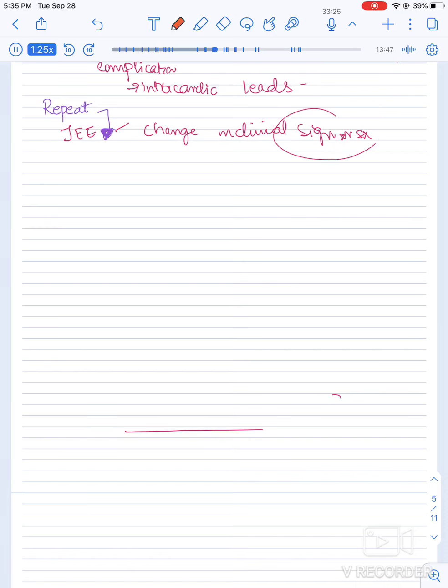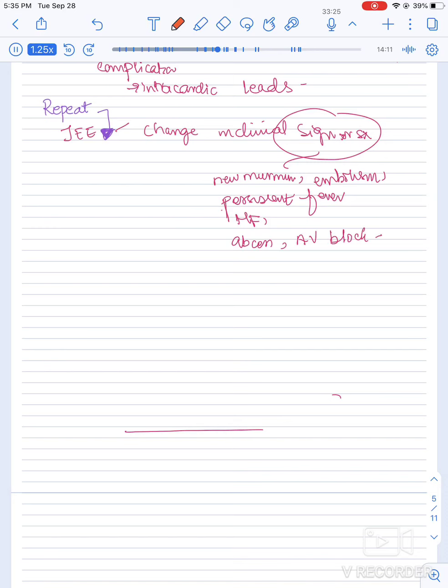For example, these clinical sign changes could be new murmur, embolism, persistent fever, heart failure, abscess, AV block, and also we can consider in patients at high risk of complications.